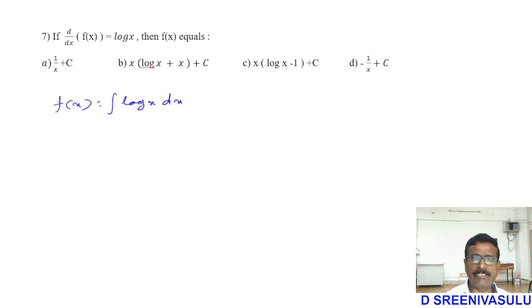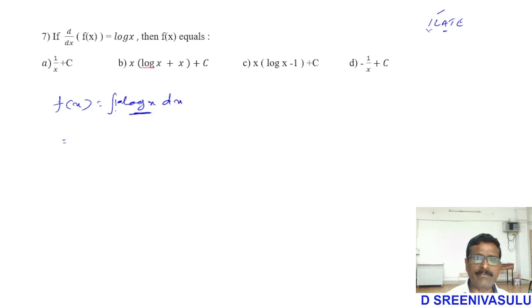Integral log x, there is no direct formula. That's why I write 1 into log x. You know ILATE method. First one is inverse, not there. Logarithmic and algebraic: logarithmic is first function, this is second function.